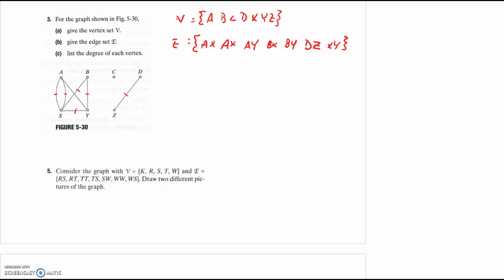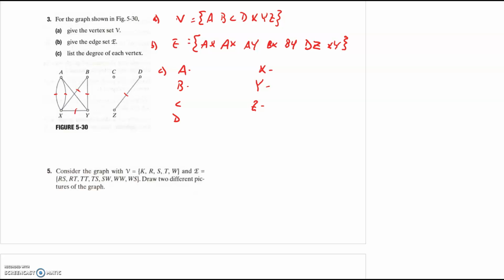So there is my edge set. And then for part C, so this is part A, part B. For part C, we are asked to list the degree of each vertex. So A, B, C, and D, and X, Y, and Z.